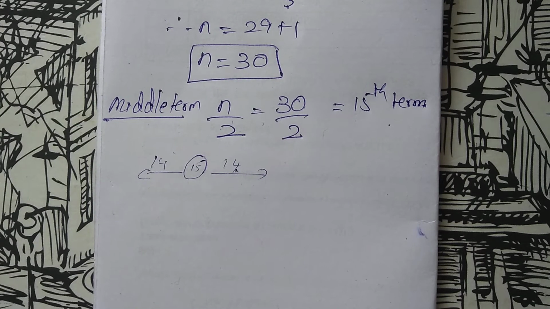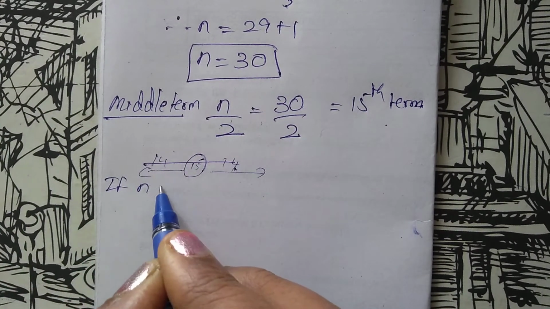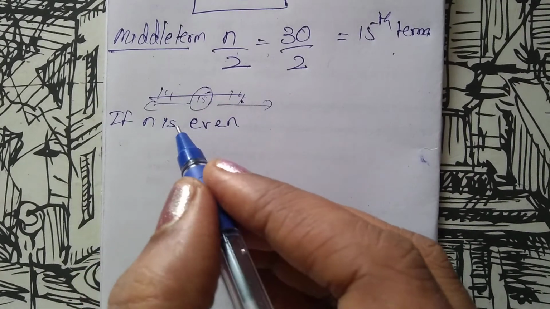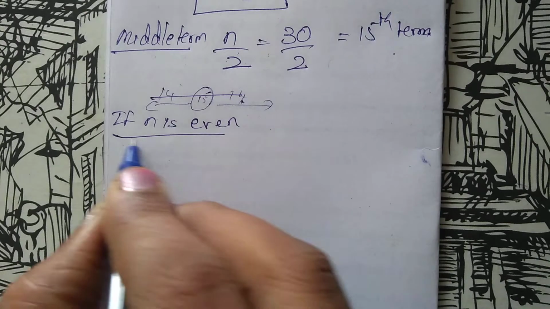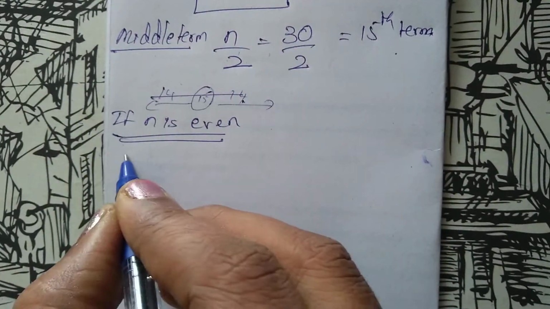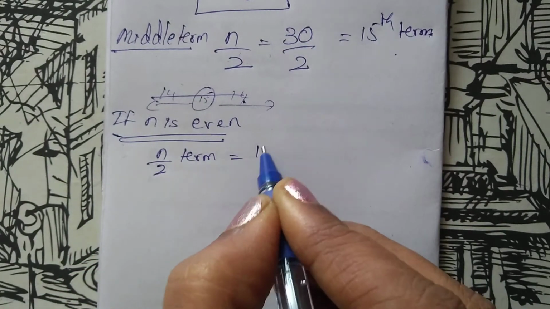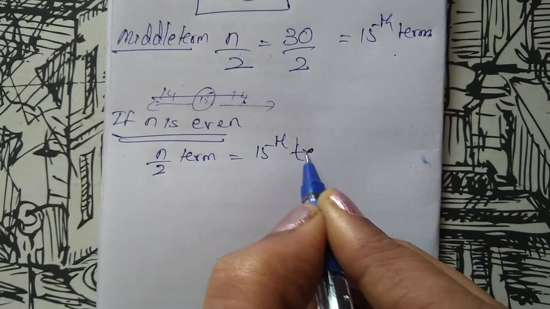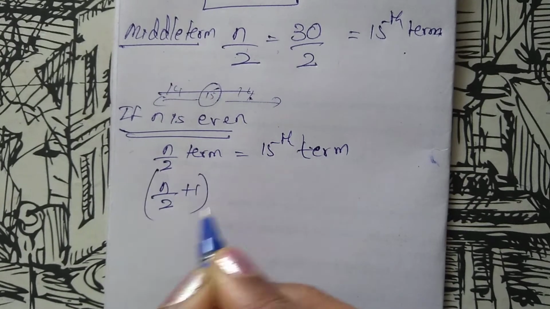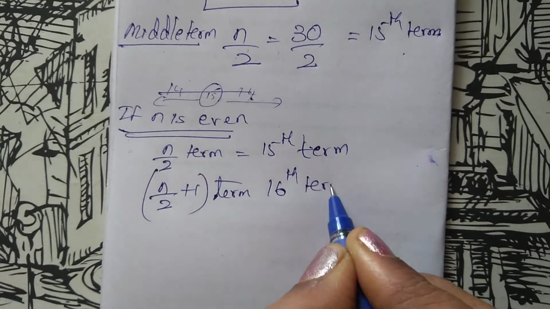So what formula we have is, if n is even, 30 is an even number, no. So we find the n by 2 term, that is the 15th term, and also we find the n by 2 plus 1th term, the 16th term.